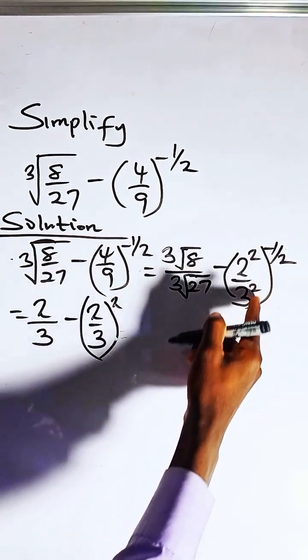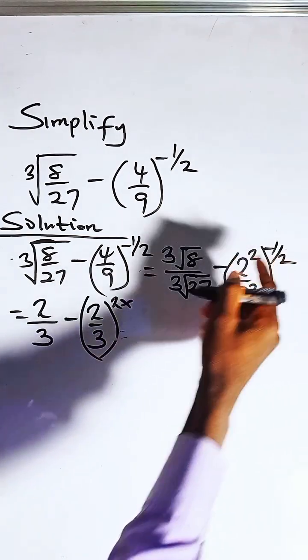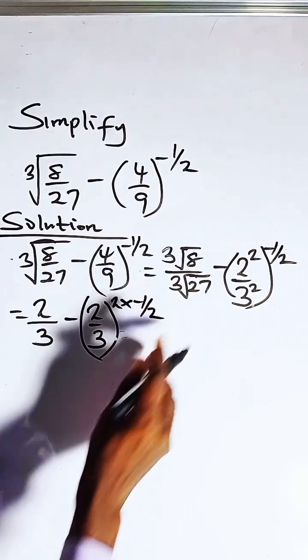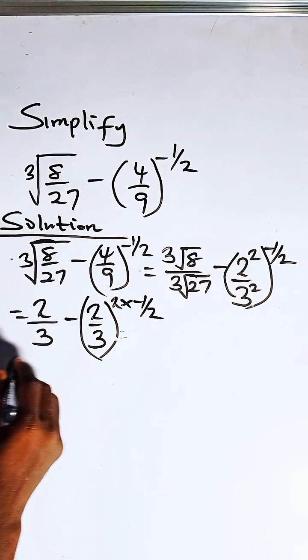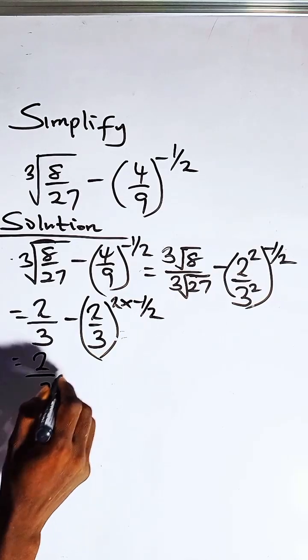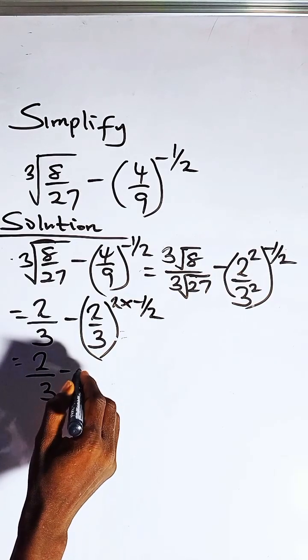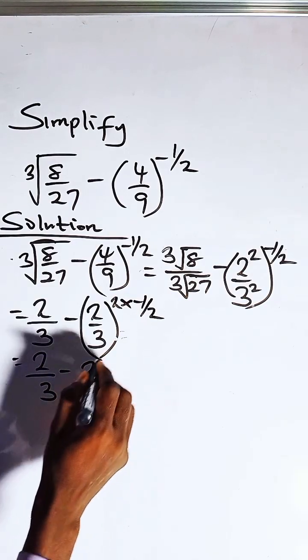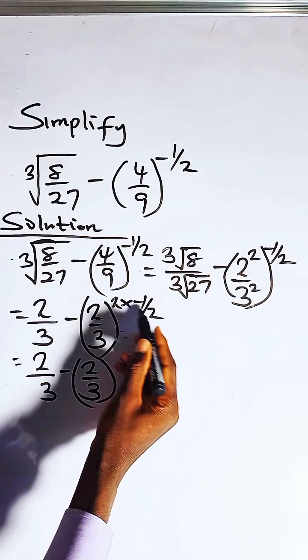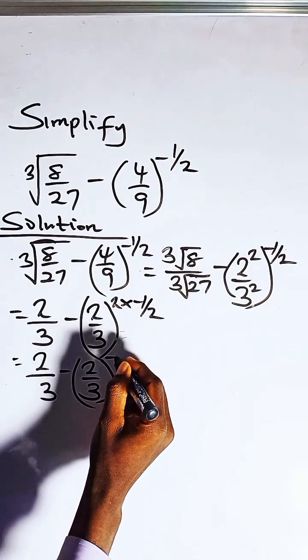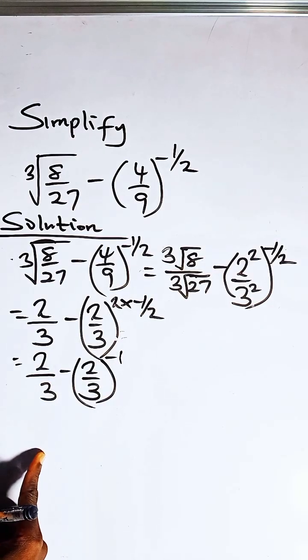We multiply the exponents, so we have 2 over 3 minus, now 2 over 3 raised to the power, and when you simplify the exponents, you have minus 1.